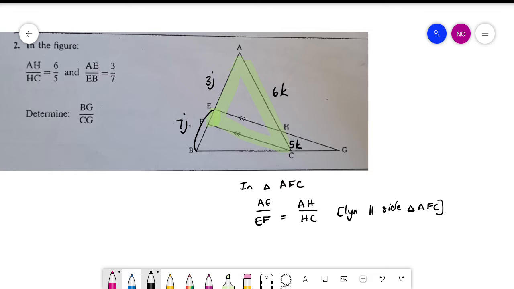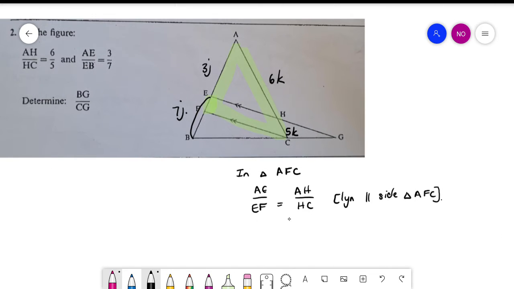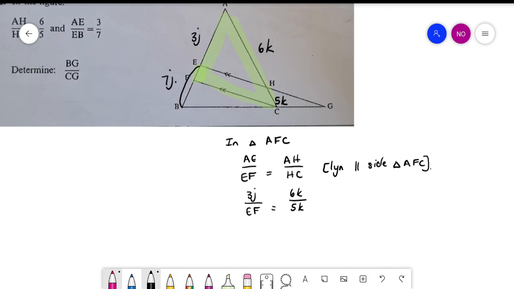Okay, now we fill in the values. Do you guys agree that these can cancel out one another?